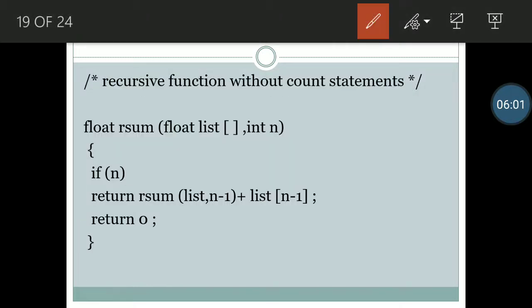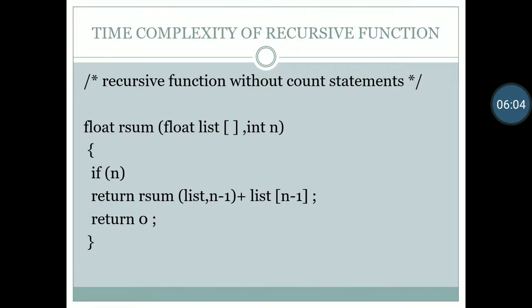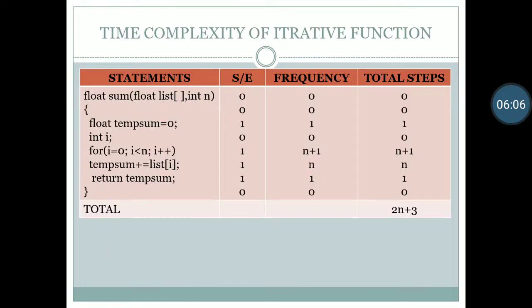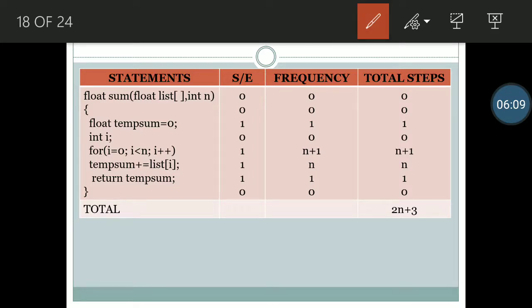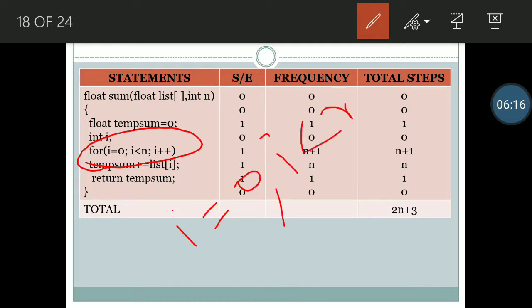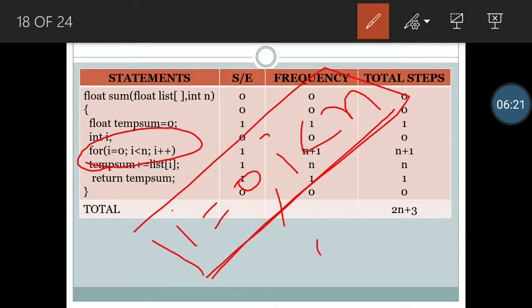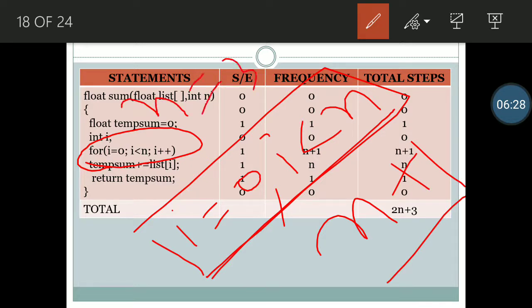Why? Because in this for loop, the condition i less than n will be checked n plus 1 times. How? If n's value is 3, it will check i equal to 0, the condition is true, and it will go inside.